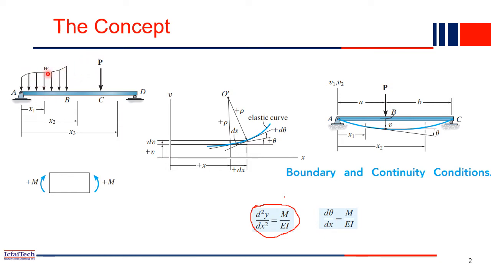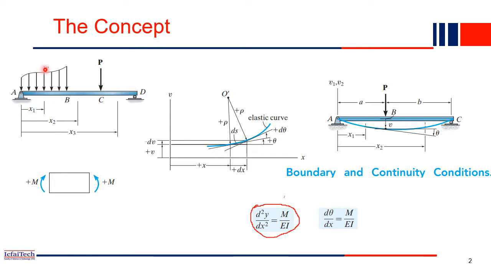After application of the load, what will happen? As we saw in the earlier lectures, when a load is applied to a structure, internal forces will generate inside the beam, right? What are the internal forces? One is bending moment, shear force, or the stresses. All these things are internal forces generated.